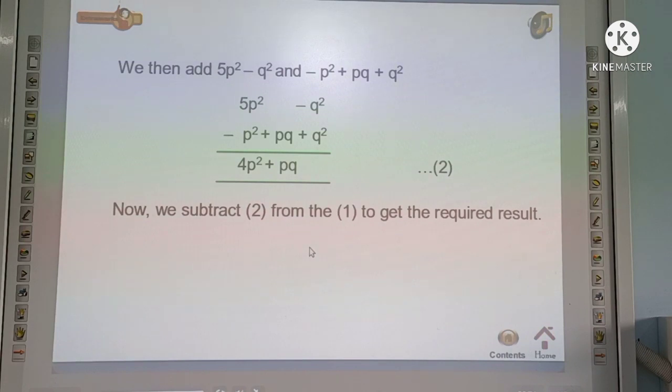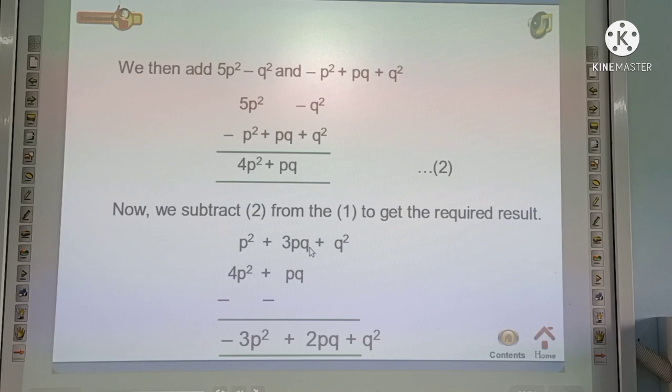We have to subtract 4p square plus pq from p square plus 3pq plus q square. Arrange the expressions in columns as shown. Change the sign for the expression below and subtract. We get minus 3p square plus 2pq plus q square, which is the required result.